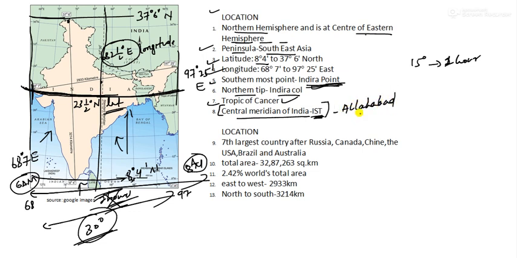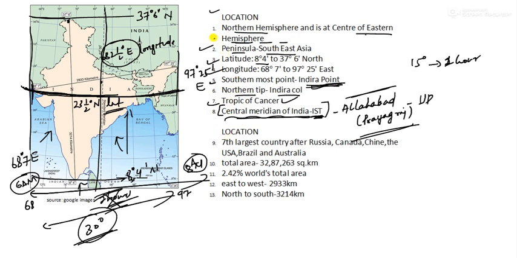Okay, where is this Allahabad? It is in UP, and now this is called as Prayagraj. The time based at this location is called as what? IST. Okay, it is called as that central meridian of India.